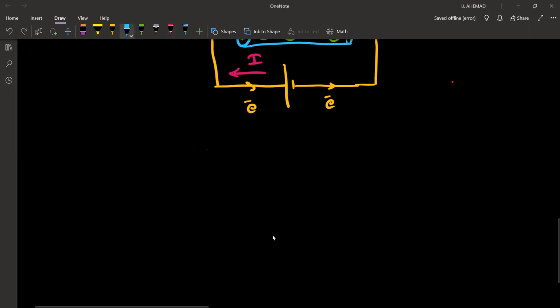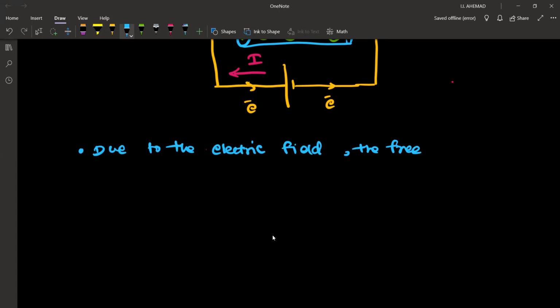So we can mention that due to the electric field, the free electrons move or flow opposite to the field.